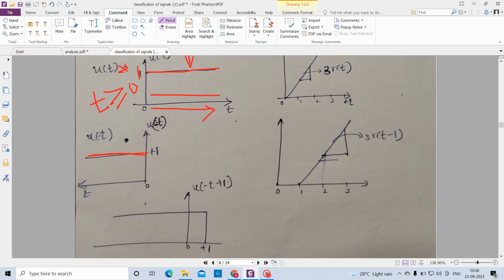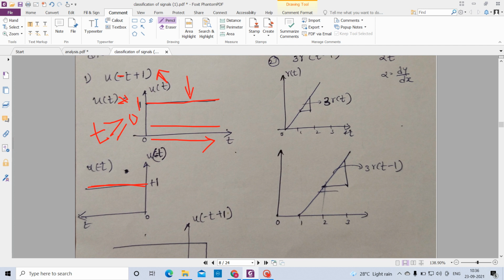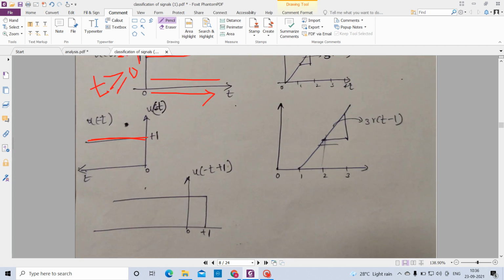So now we have u of minus t plus 1. What is the mathematical representation of u of minus t plus 1? I have taught this one. Minus t plus 1 is equal to 0, so minus t is equal to minus 1.